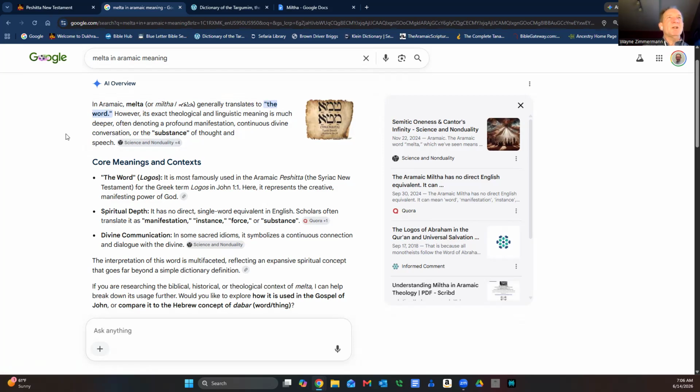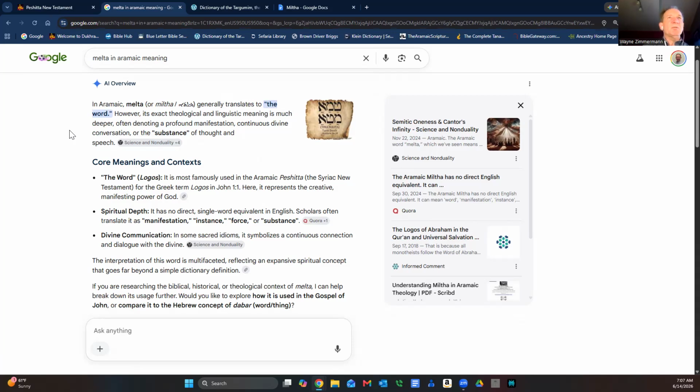So here it says in Aramaic, and again, the pronunciations can be different depending upon the dialect, depending upon the usage. So here it says MILTHA or MILTHA. You saw another place it was MILTO. We're looking for the root letters and the meaning of the word and not getting too distracted by the different pronunciations of the different dialects.